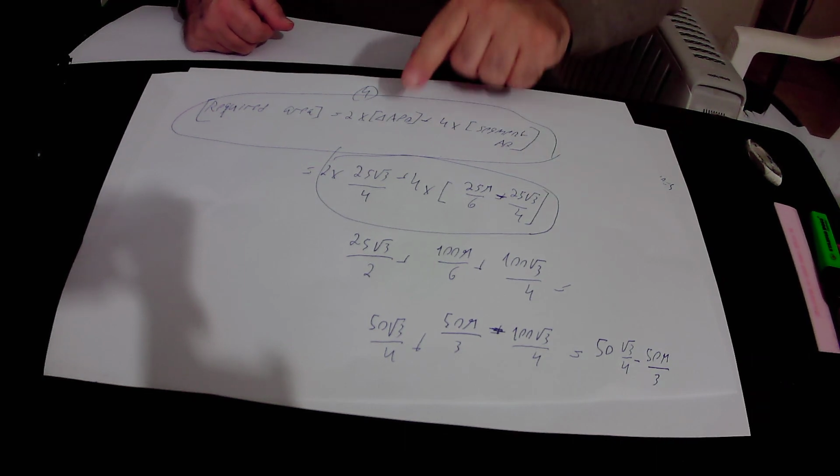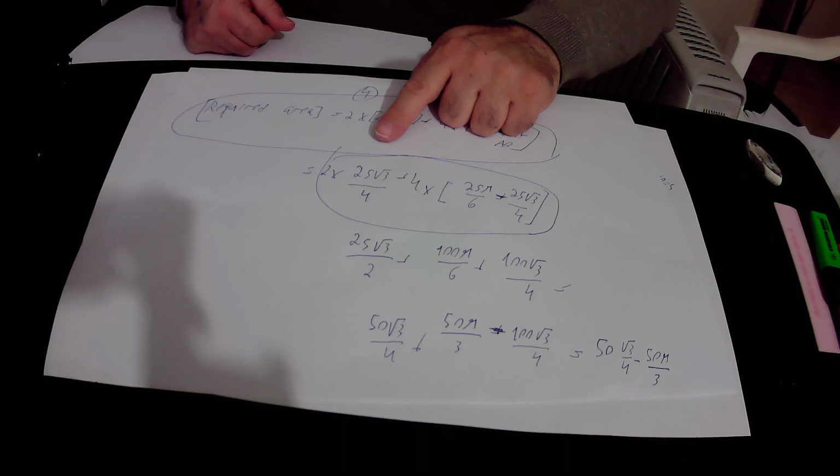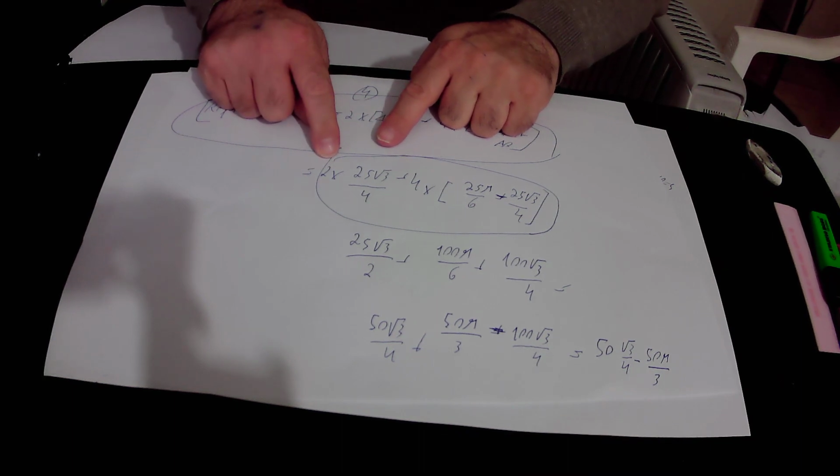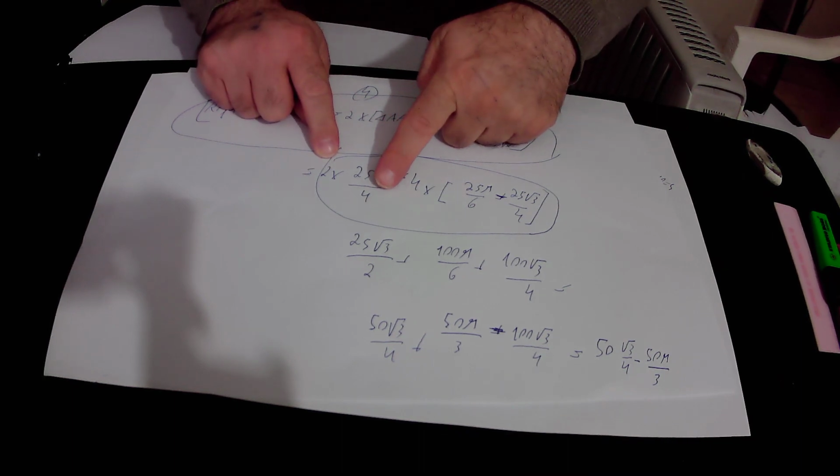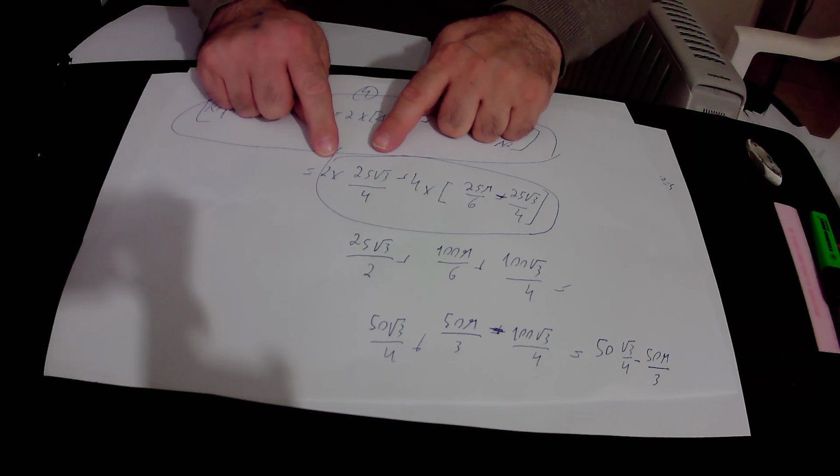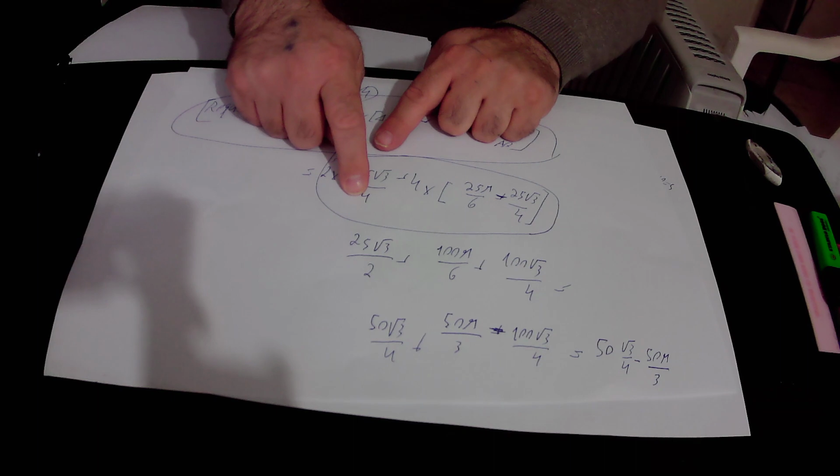So here we divided the numerator and denominator by 2, the 2 gets cancelled, and 4 over 2 is 2.